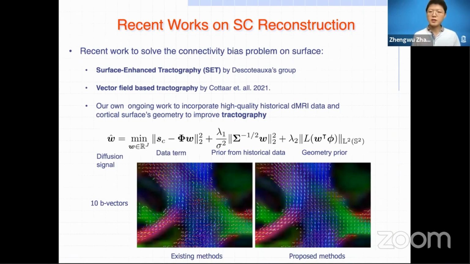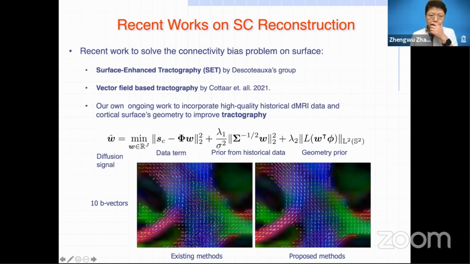Especially if the data you're working with is not so high resolution, you're going to need some kind of prior to help regularize the signals or the FODF field you estimate. So we work under a Bayesian idea, constructing an objective function that combines the data, the histological data, and some geometric prior that you can extract from the surfaces, to estimate the diffusion vector field.